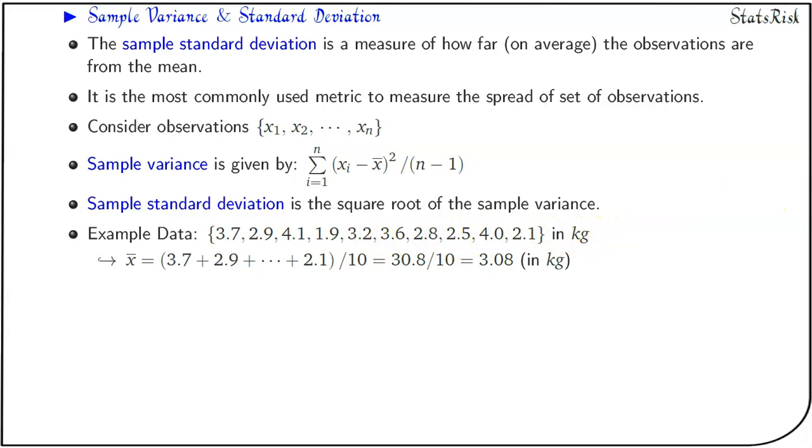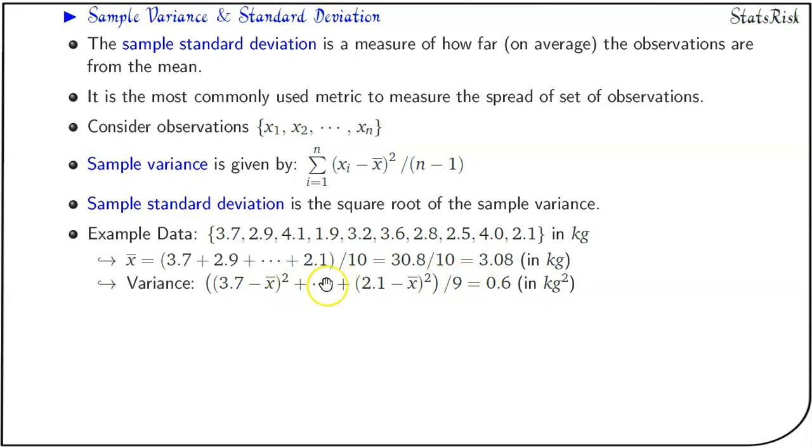Once we have the sample mean, we move on to calculate the sample variance. Now that we have the x bar, we calculate the squared differences and we add them together, and we divide by n minus 1, the sample size minus 1, which is 9, since the sample size is 10.